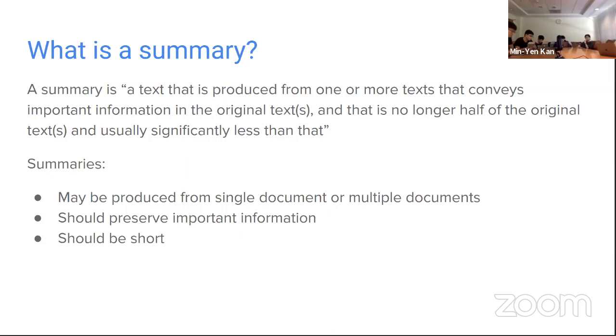So we could define summarization as another way of compression, where we're just trying to compress text data. But if anyone has any idea on how we choose the important part in a text document, we can always discuss more. If you have any more ideas, just please go ahead and say.